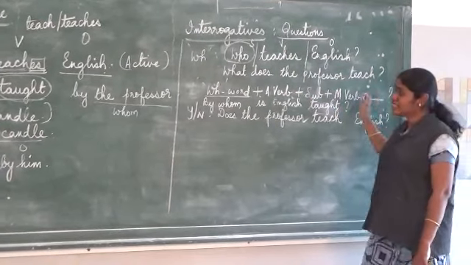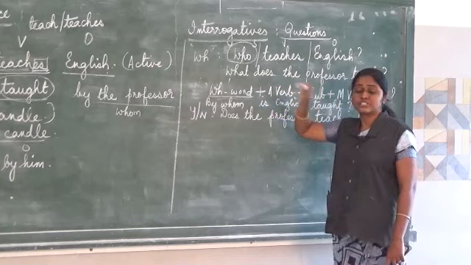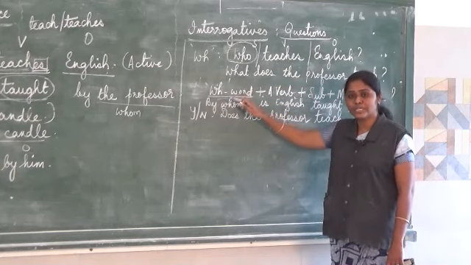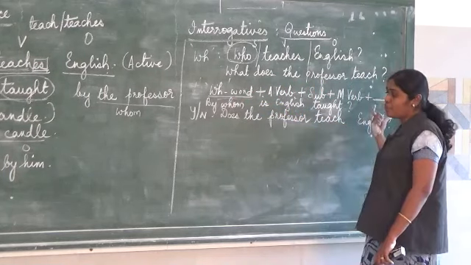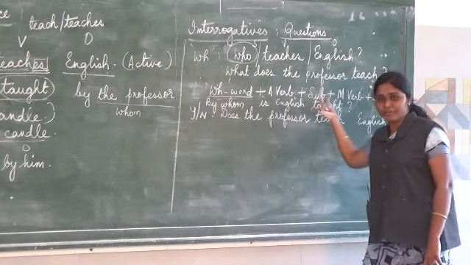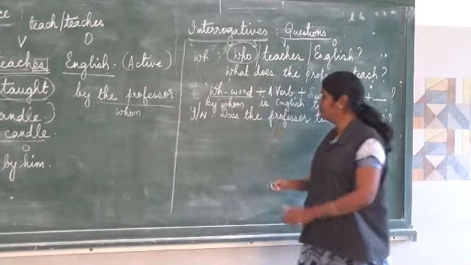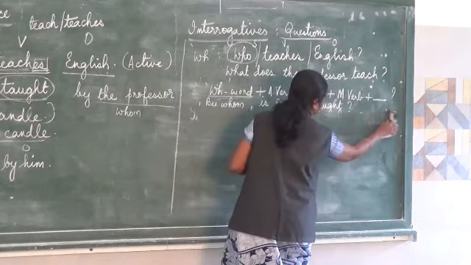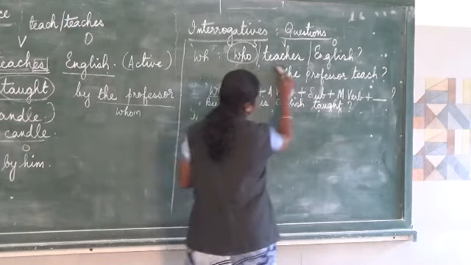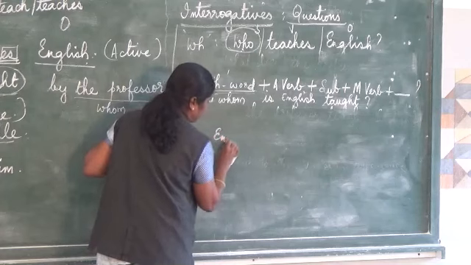So what is the structure of a WH question? It should first begin with WH word. So this by whom, we will bring it to the front, then auxiliary verb, then subject. So by whom alone we have brought it here. See, actually we got it as, see, who teaches English?